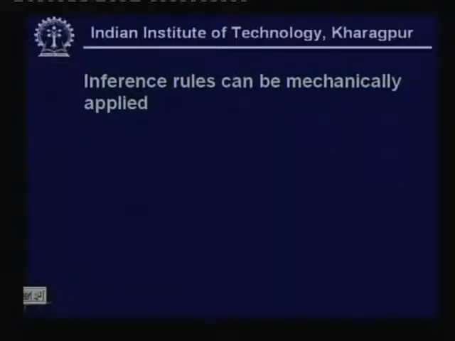Now, why are we so much bothered about inference rules? We are so much bothered about inference rules because we want to develop some mechanical procedure using which we can make the machine infer new facts. So only those inference rules are of interest to us which can be mechanically applied. Besides modus ponens, there are a couple of other inference rules, which you can see through your common sense.